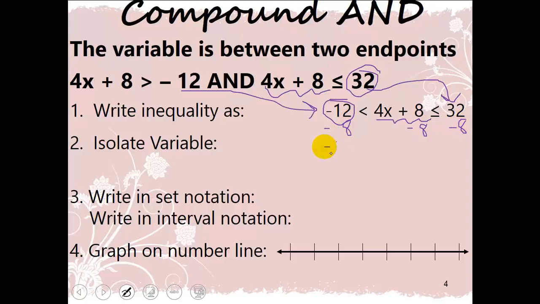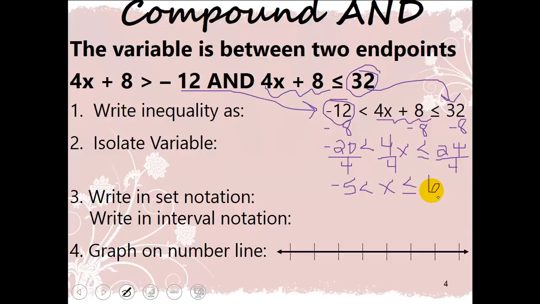And then I get negative 20 is less than 4x is less than or equal to 32 minus 8 is 24. And now I'm going to divide everything through by that coefficient on x. And I get negative 5 is less than x is less than or equal to 6.